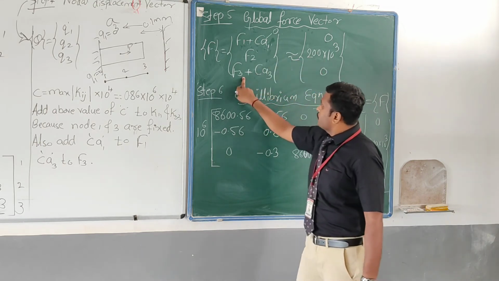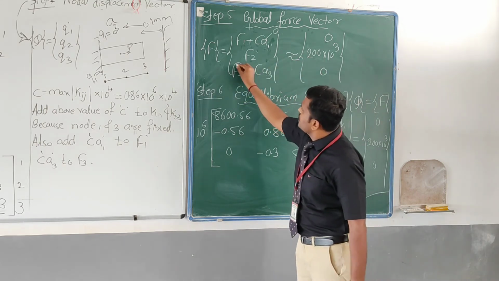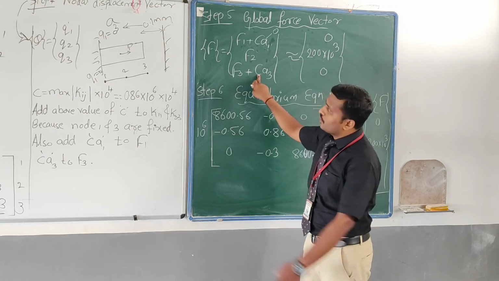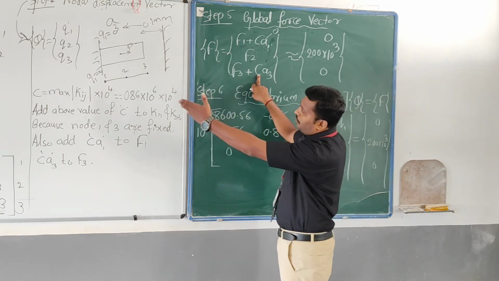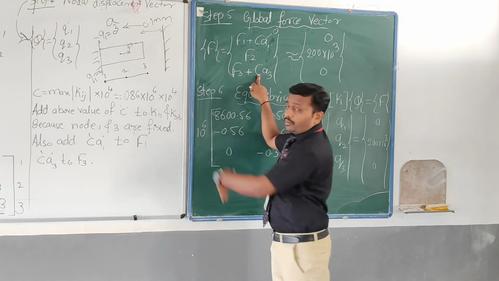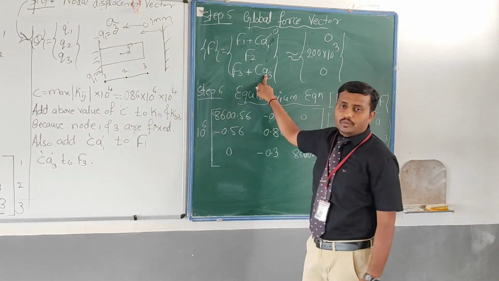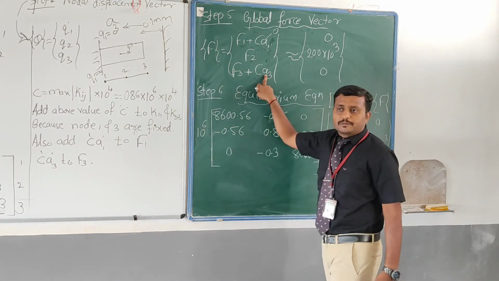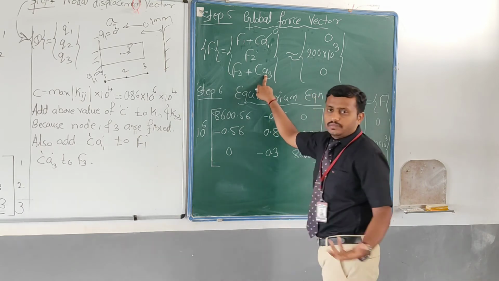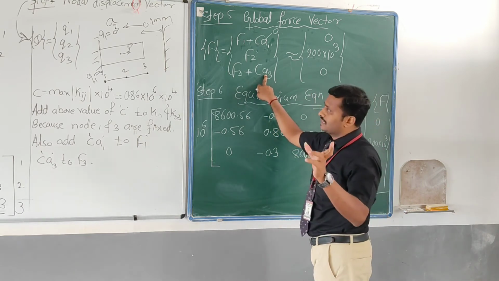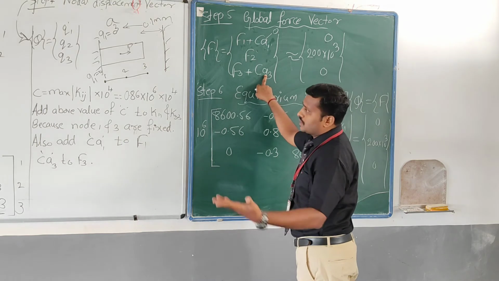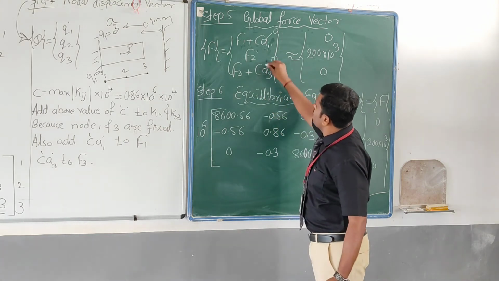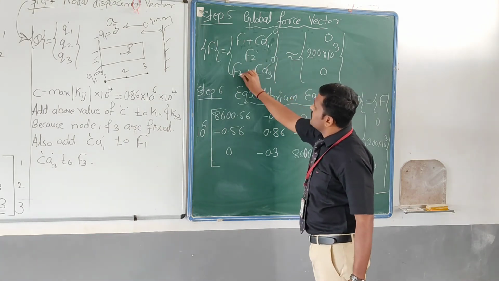And here at F3, no force is acting. This is 0 plus C, which has a value of 0.86 into 10 to the power of 6 into 10 to the power of 4, into A3. What is A3? Displacement at node 3, that is 0. There is no displacement, no gap between structure and support. So this term becomes 0, plus F3.